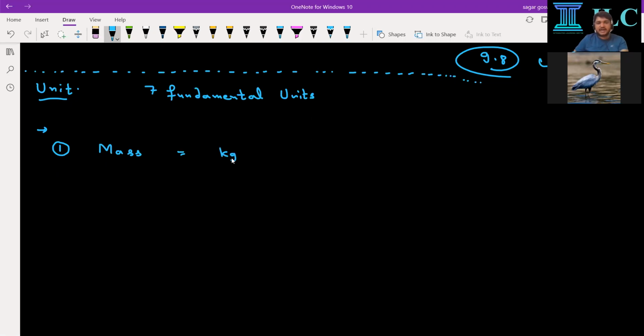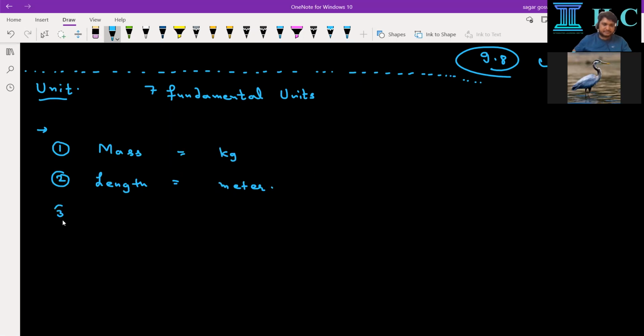Mass is constant for everybody, and it remains the same on every planet. The weight gets changed, but mass remains the same. Second, it is length, and we usually measure length in meters, right?